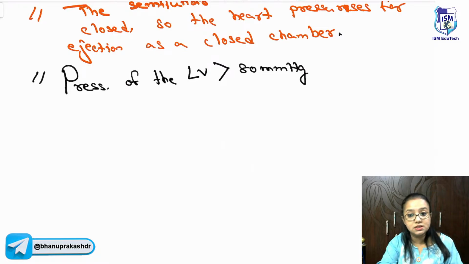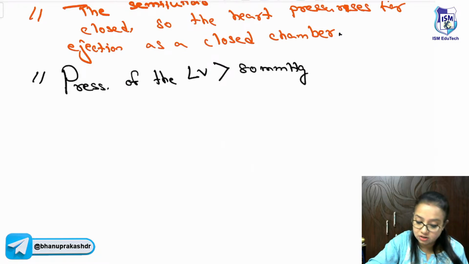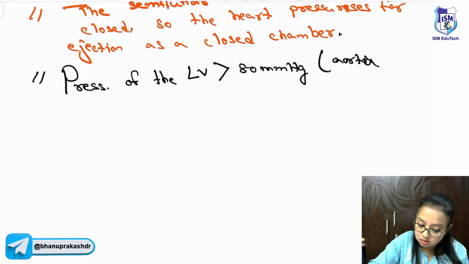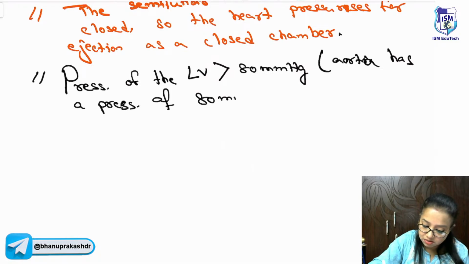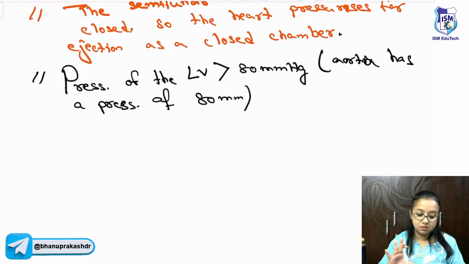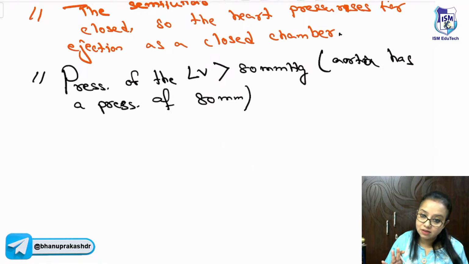Now 80 mmHg is the pressure that is maintained in the aorta. So as the pressure in the left ventricle is increasing, because now again as a closed chamber, there is contraction happening, isovolumetric contraction.